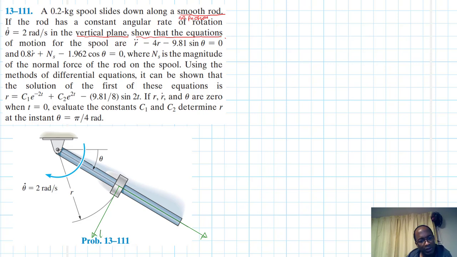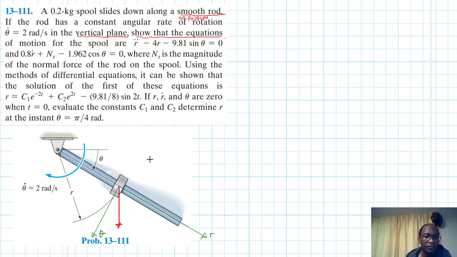So this is theta, this is r. The weight, we're going to have the weight. Weight for this, let's say, is going to be like so.